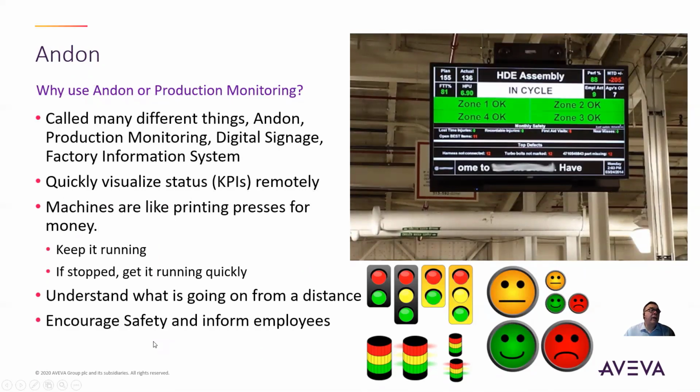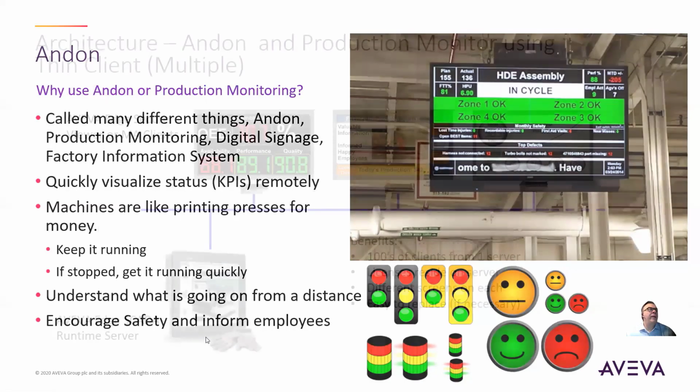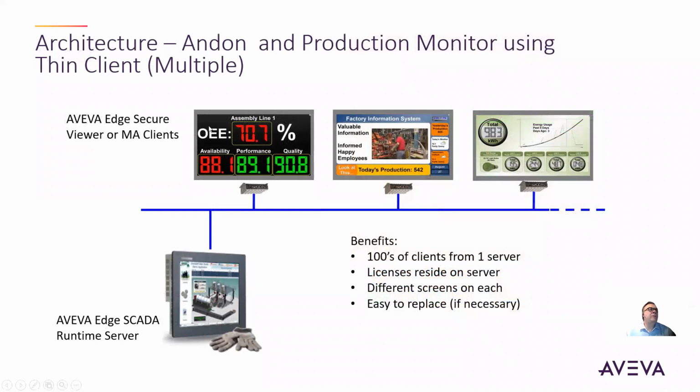You can also encourage safety and keep employees informed. Maybe there are employees that don't have their own email accounts. How do they get information? You don't want to hand out pamphlets and things like that. So how do you keep information like this in front of employees? One way would be to have the thin clients.